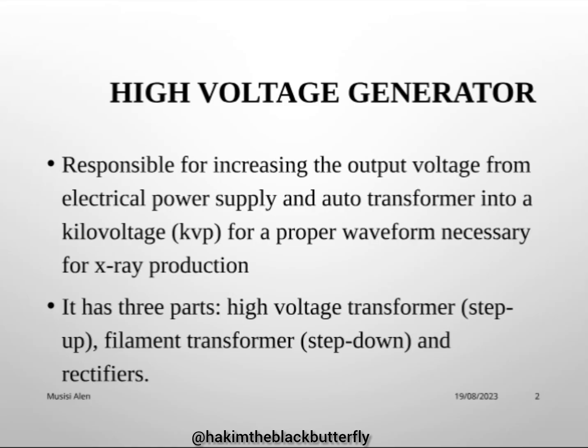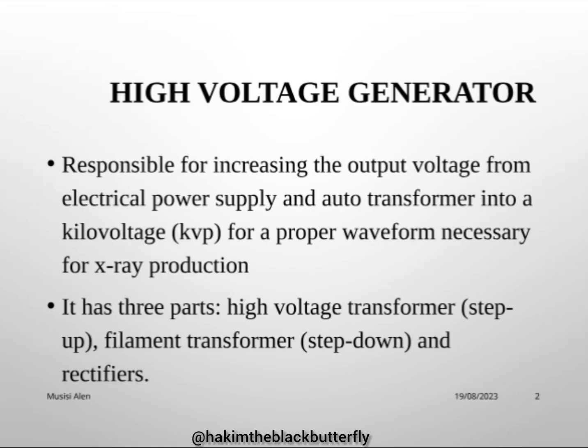You know that the volts we receive from the mains are about 220 volts, but those are not high enough. The amplitude is not high enough, or the voltage is not energetic enough for efficient production of X-rays.